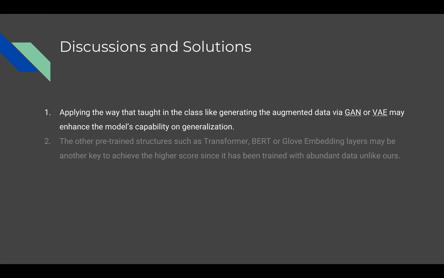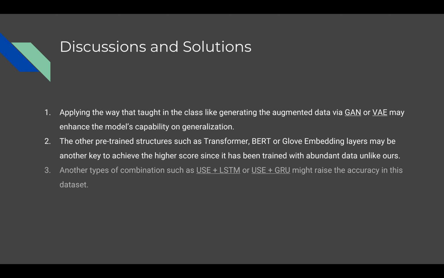Another approach is to use other pre-trained structures such as transformer, BERT, or GloVe embedding layers. These models have been trained with abundant data and might help us achieve a higher score than our current model. Lastly, we can also try combining USE with LSTM or GRU to see if we can further improve the accuracy of our model on this dataset.